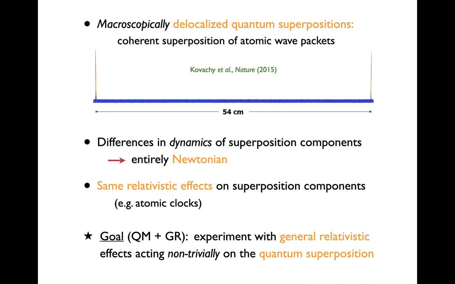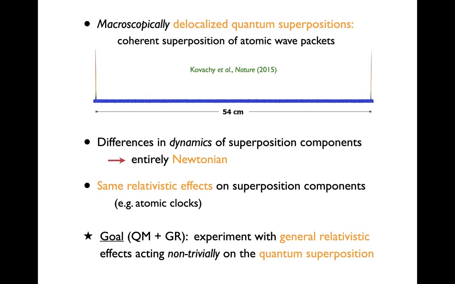signal. But even in these impressive examples, in all cases so far, the differences in the dynamics of the different components of the superposition can be entirely described in terms of Newtonian mechanics, quantum mechanics, but Newtonian dynamics. Of course, there are examples of quantum mechanical systems and even quantum mechanical superpositions where relativistic effects can be measured very, very precisely, namely atomic clocks.